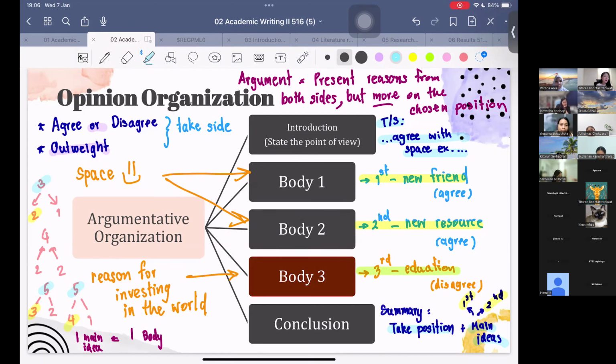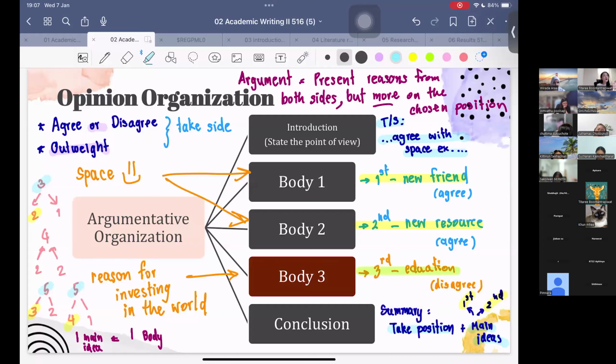The number of paragraphs depends on you, because sometimes it depends on the requirement. If you can explain a lot and add a lot of detail, maybe your number of paragraphs might be a little low. However, some people might say that they have a lot of ideas, so your number of body paragraphs might increase.